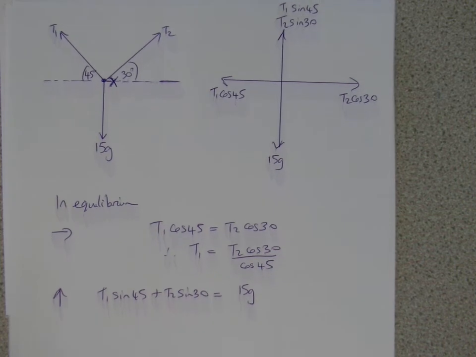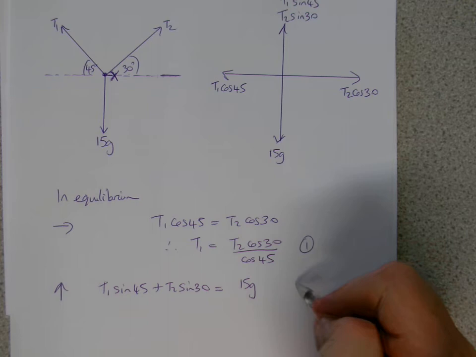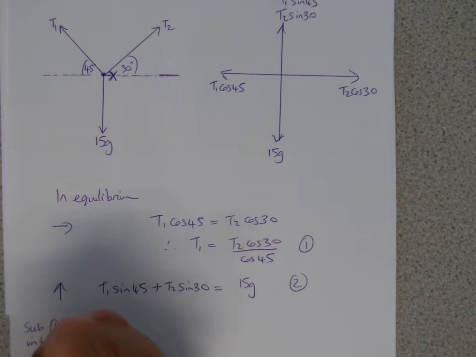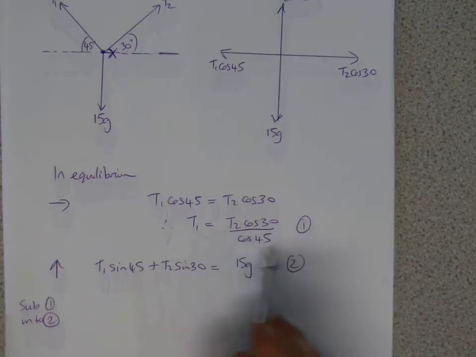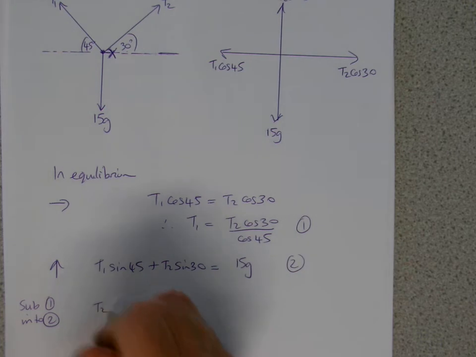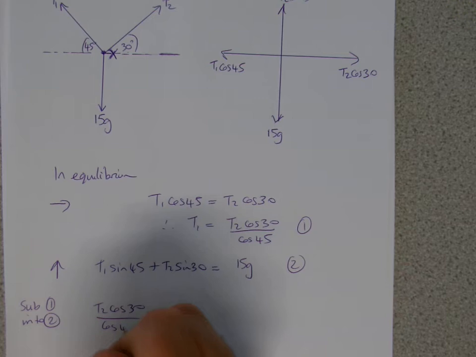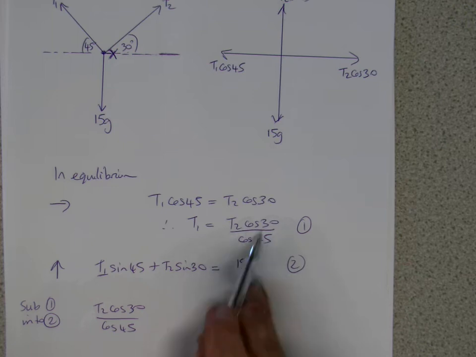If I call this equation 1 and this equation 2, I can substitute 1 into 2. T1 is actually T2 cos 30 over cos 45, so I'm replacing the T1 with what T1 is equal to from equation 1.